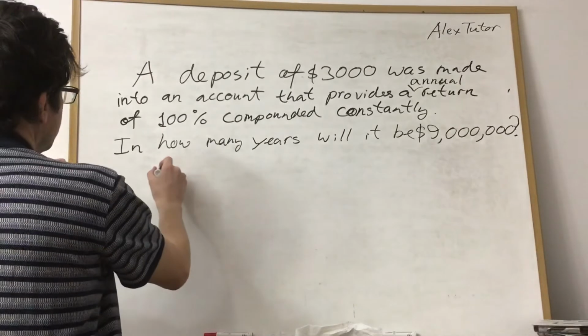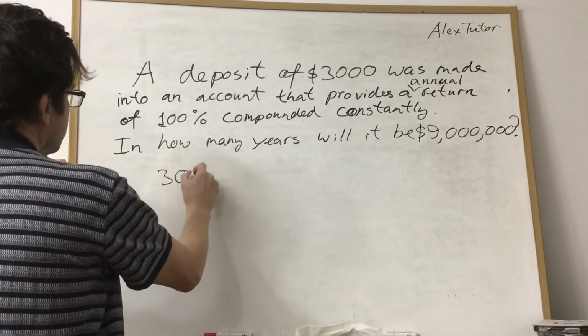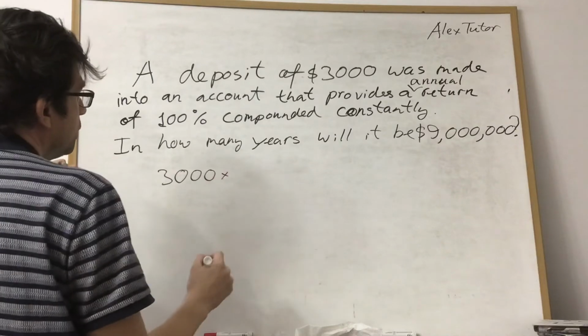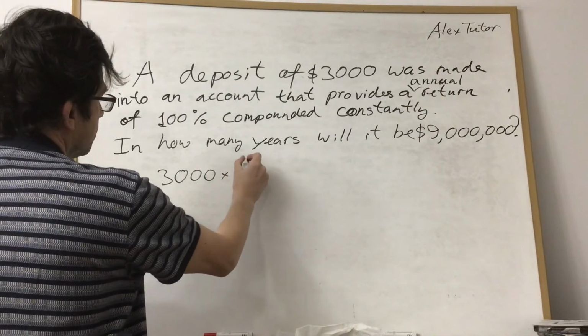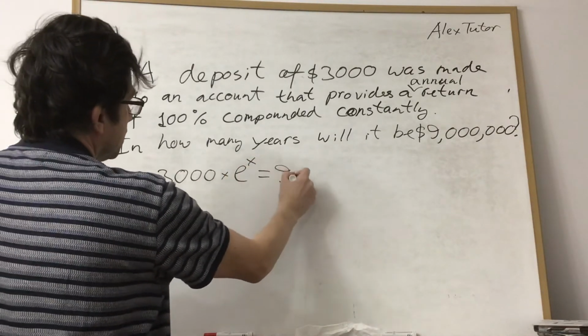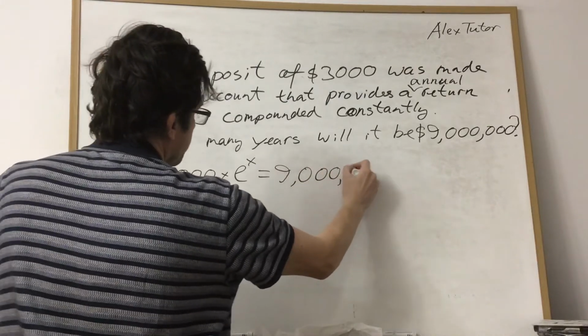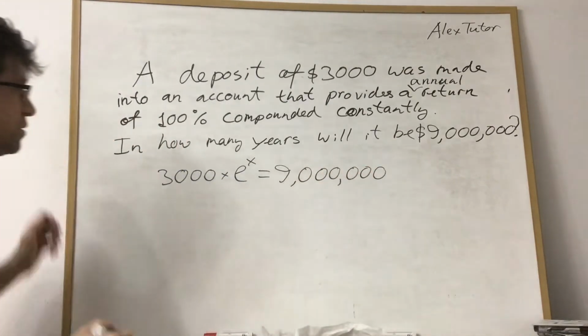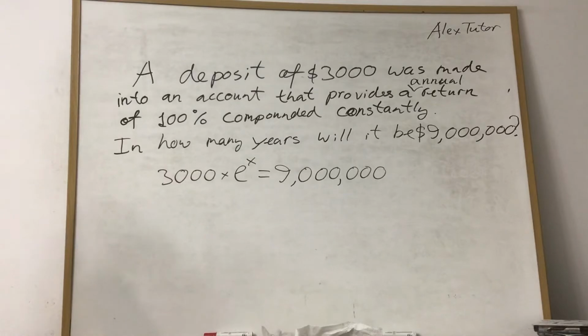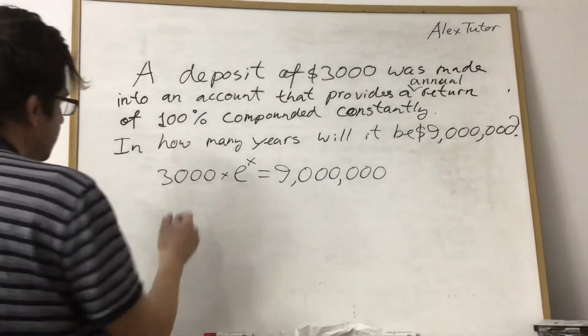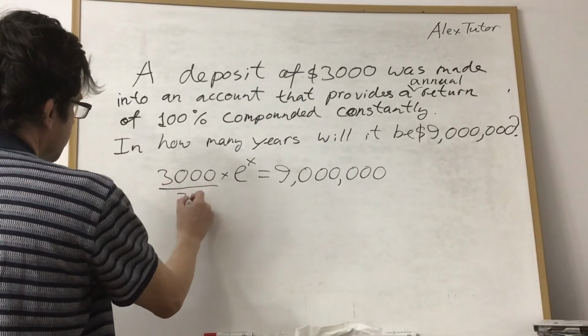Okay, so I make an equation. 3000 multiplied by e to the power of x equals 9 million. That's how I do it. My first step, I divide both sides of the equation by 3000.